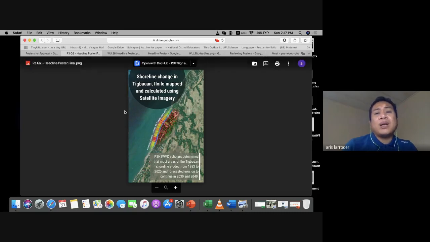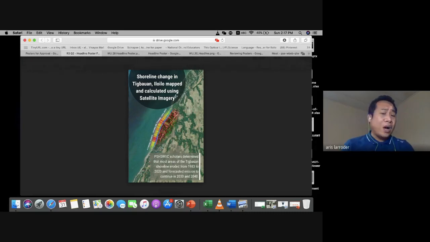Pero if you tell them na you calculated and mapped, so what? Others are mapping and calculating also the change. But what is newsworthy about the shoreline change? Anong change na may bago? Would you like to focus the entire or probably a particular area? Or is there an area that might not be visible or livable anymore by 2030 or 2040? Ayan.